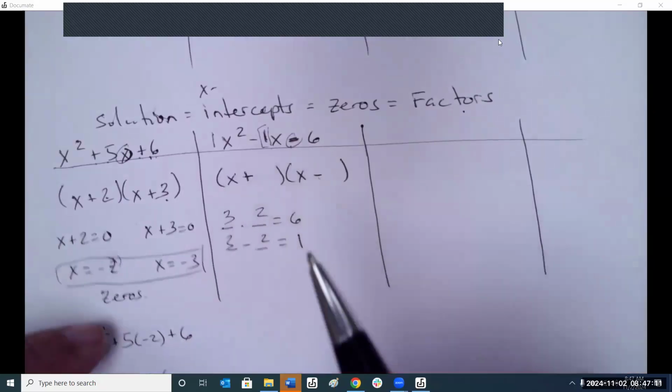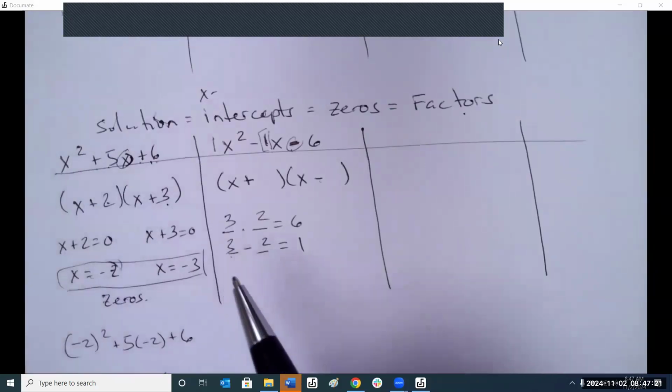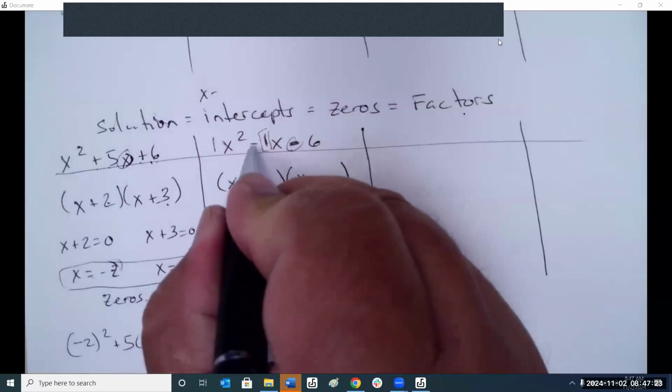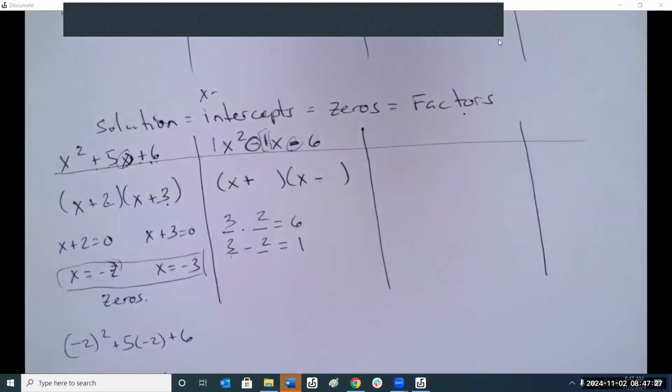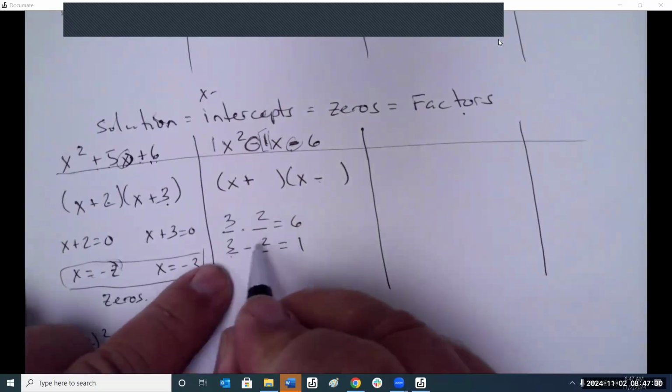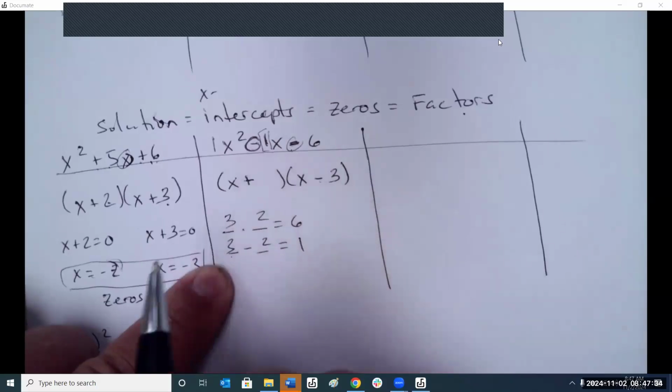So where does the 3 go? That sounds like a guess. You're right, it is the last one. Whatever this first sign is, the bigger number gets that sign. So since 3 is bigger than 2, 3 gets that negative sign because the first sign's negative.